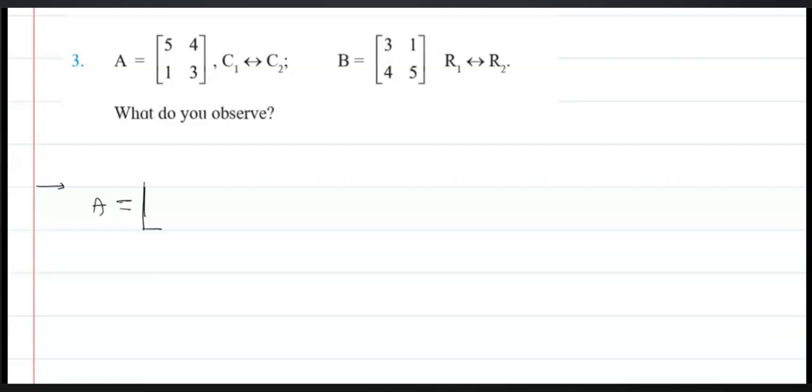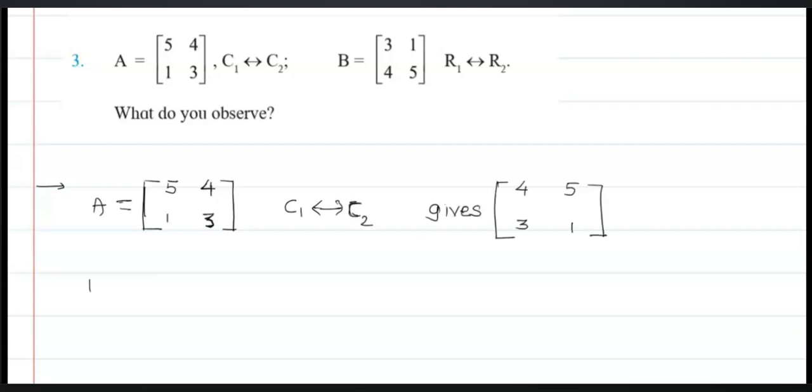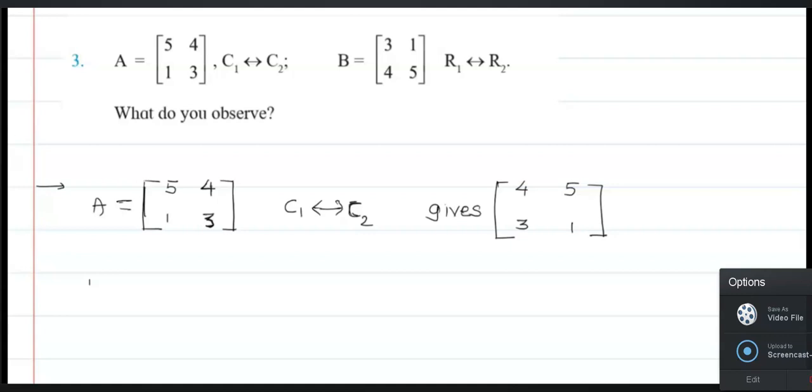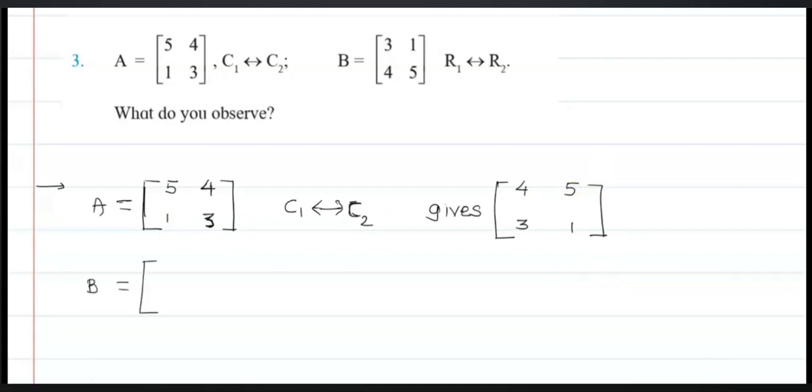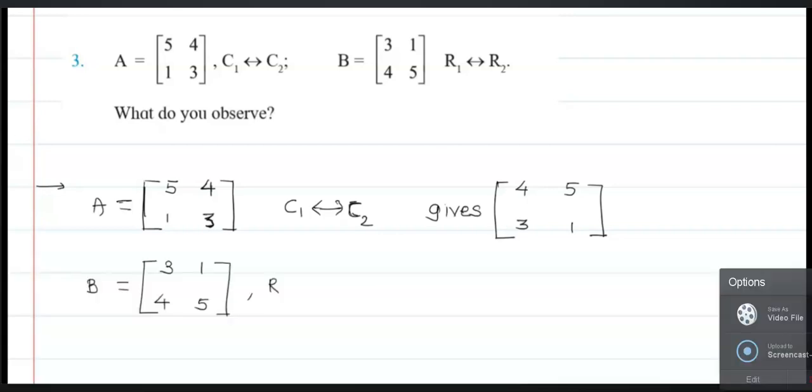The first matrix is 5 4 1 3. With C1 2 we interchange the first column with the second and the second with the first. The second column is 4 3 and the first column is 5 1. The next is the B matrix, 3 1. Now we interchange R1 2.